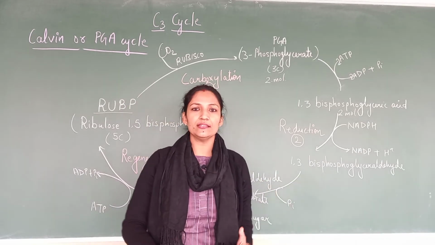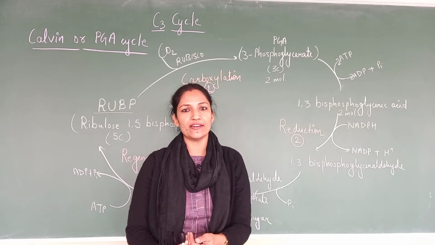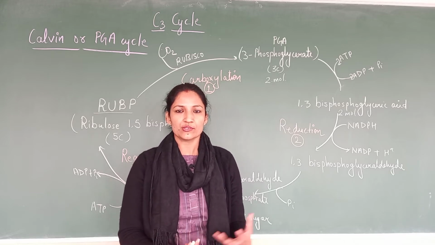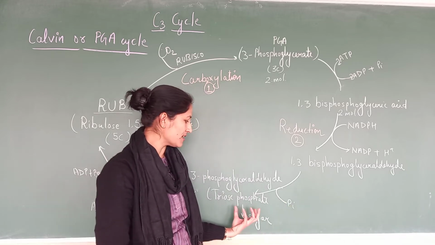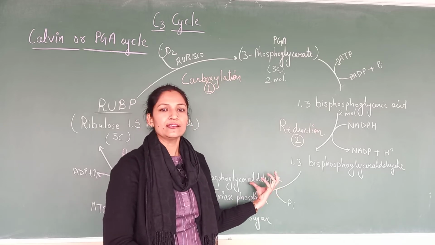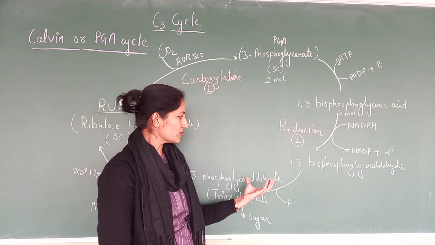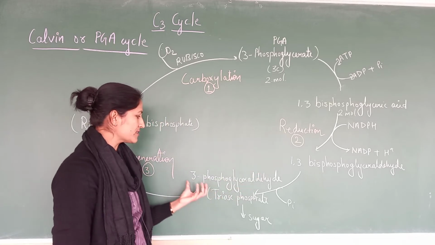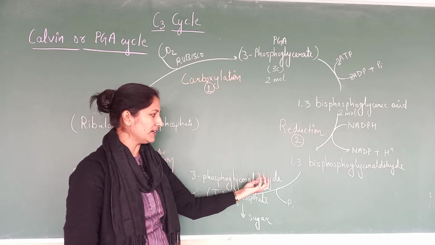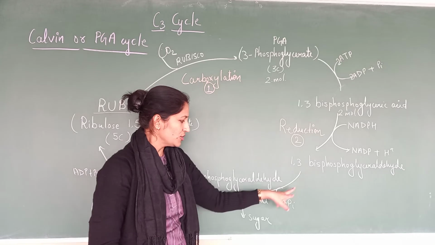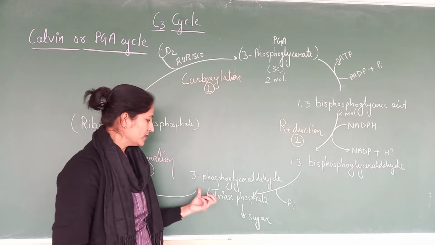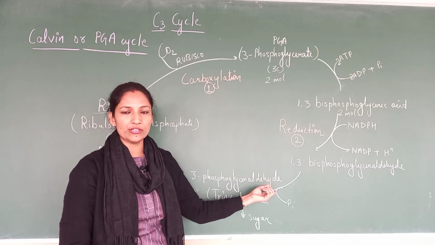So in monosaccharides we have read ketoses, aldoses type of sugars. So here the sugars which are formed, these are like containing aldehyde group in them. So this product which is formed now after reduction is 3-phosphoglyceraldehyde, because from this 2 inorganic phosphates are removed to get the 3-phosphoglyceraldehyde molecule.